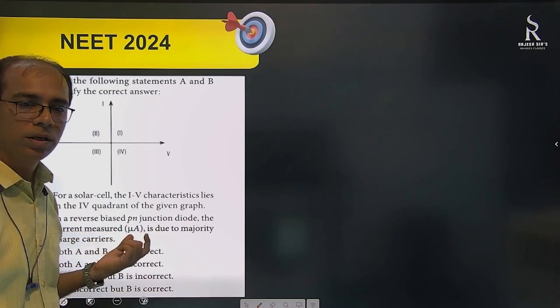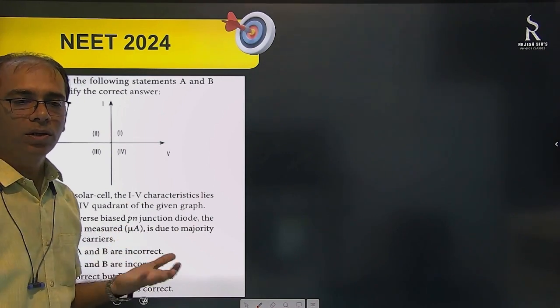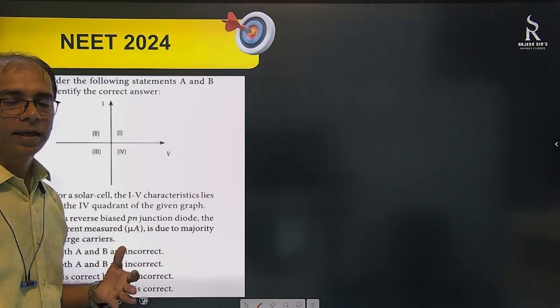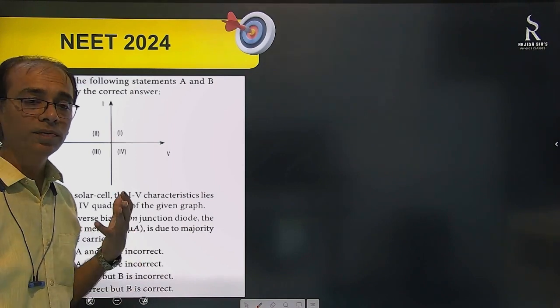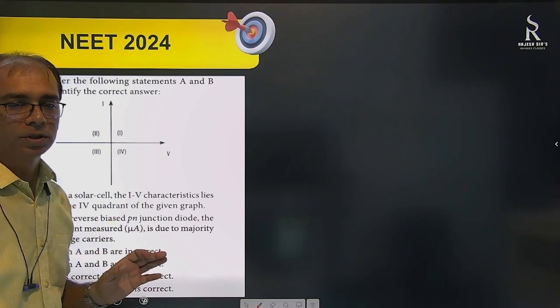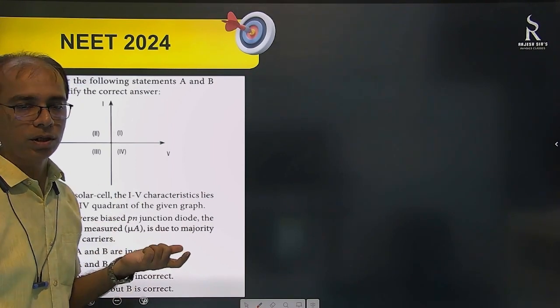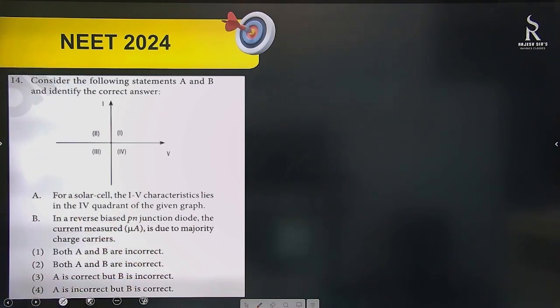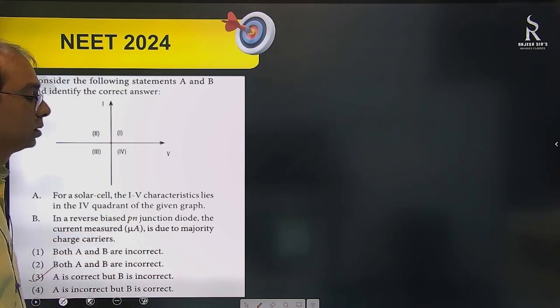No, the microampere current is because of minority charge carriers, not majority. Forward bias is majority. So this is wrong and A is correct. A is correct, but B is incorrect.